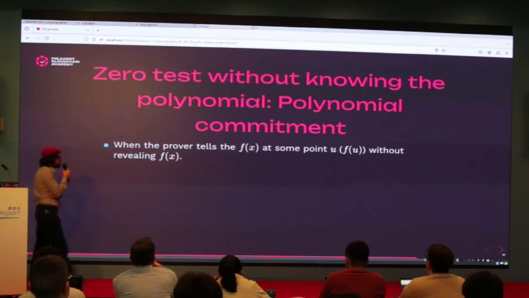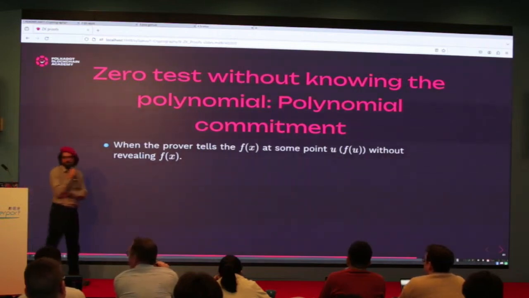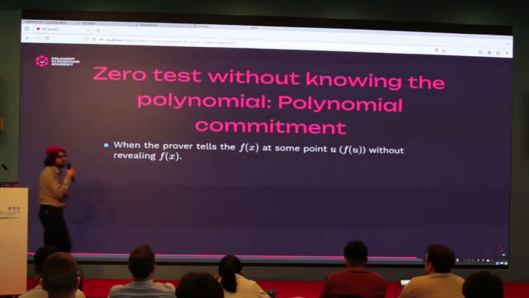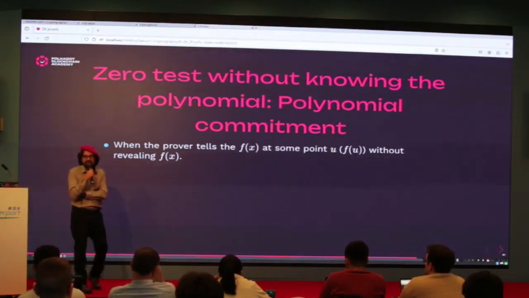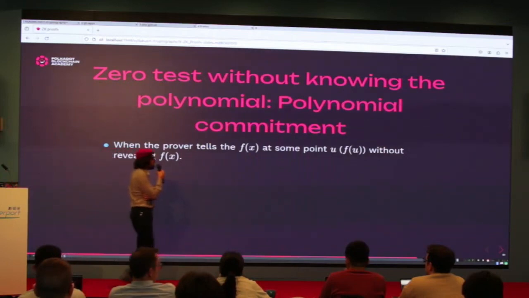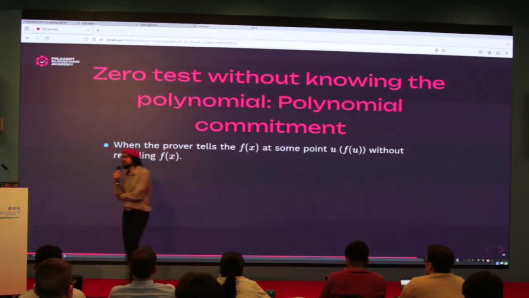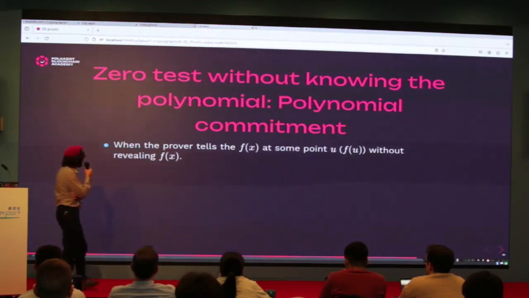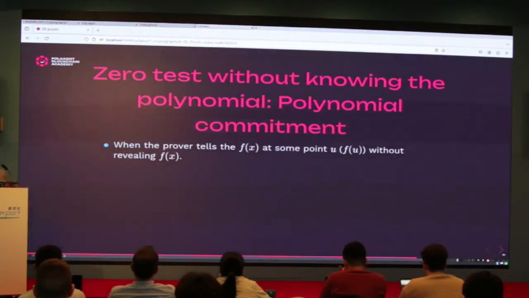What the polynomial commitment enables us is that when I tell you I have a polynomial f(x) with some property, and then you tell me, give me the value of the polynomial at some random point u, I can give that to you, and I cannot cheat.